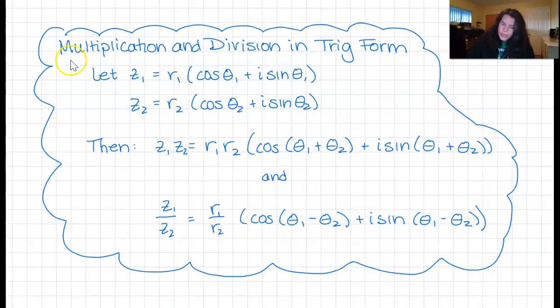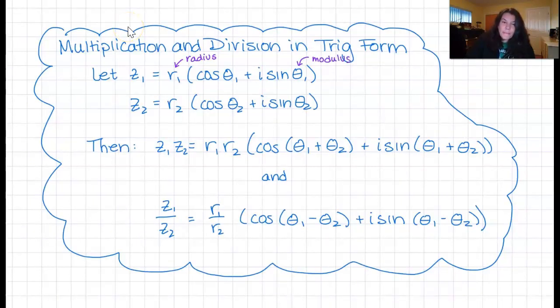So, a little vocabulary, just so you know. The r, that's the radius, for obvious reasons. And then the theta, when we're talking in trig form, this is actually called the modulus. You're never going to be tested on this, but just so you know.